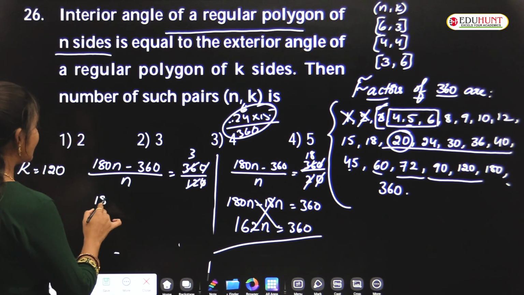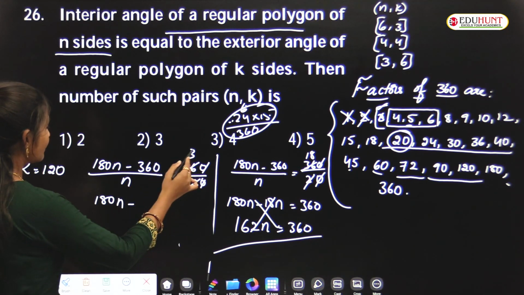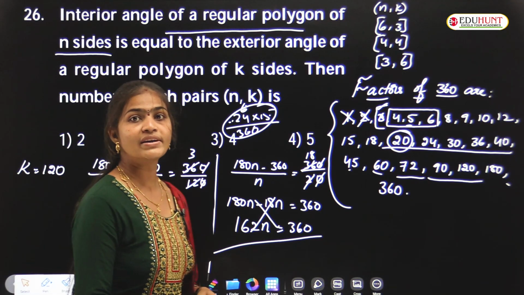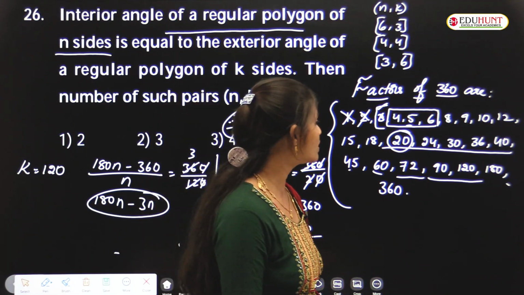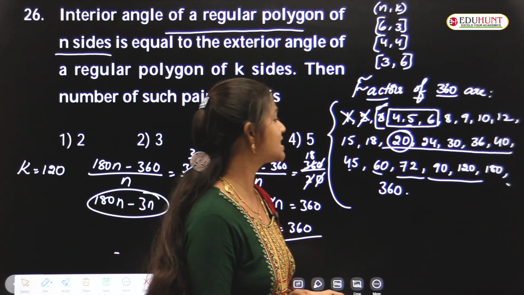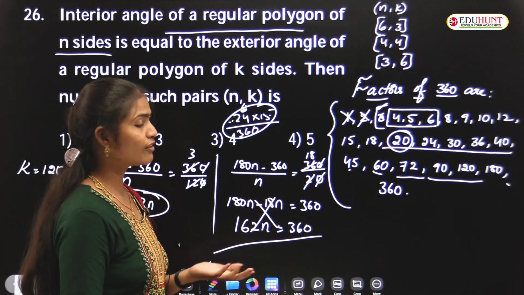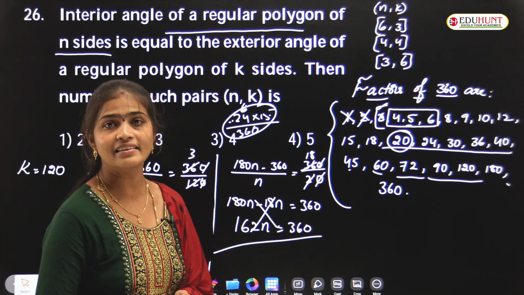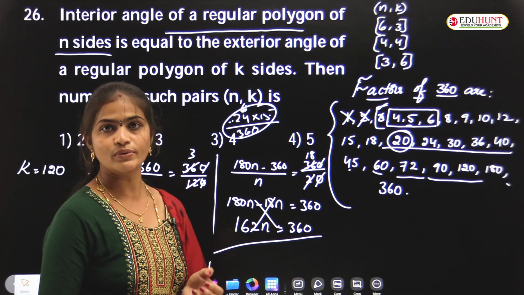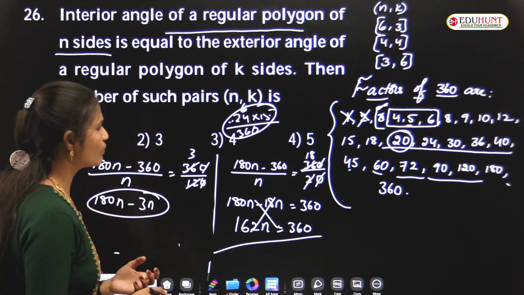Okay, so 180n minus 3n. Here you will get 177. So from here onwards you will not get any factors of 360. Those are all not factors of 360, which means we didn't get any exact positive integer. Okay, perfect positive integer we didn't get.